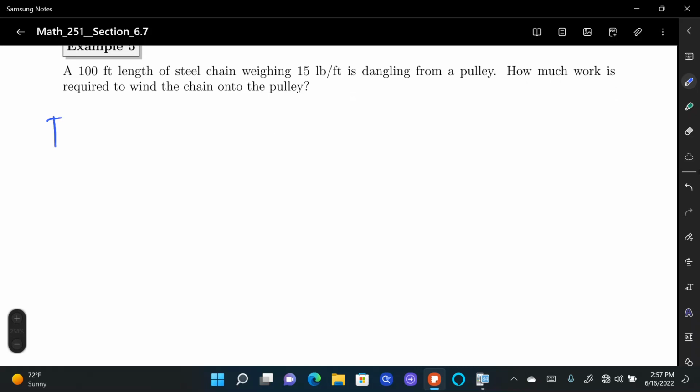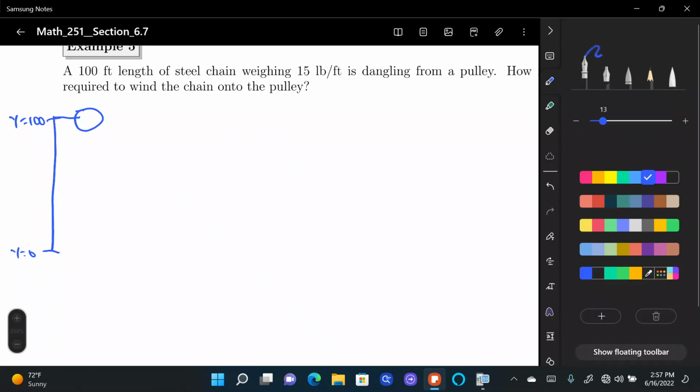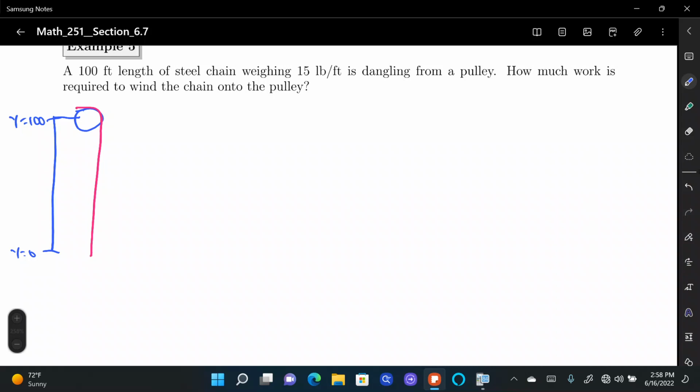So we have a height, so this is y equals 0. This is y equals 100, and here's the pulley. And there is a chain here. Okay, so notice the units, and notice how the weight of the chain is given.